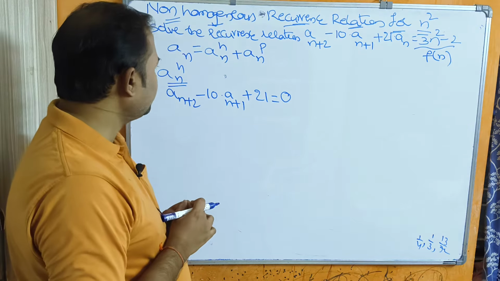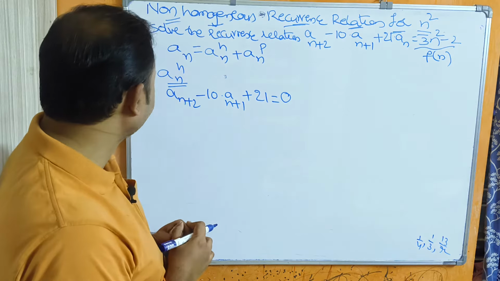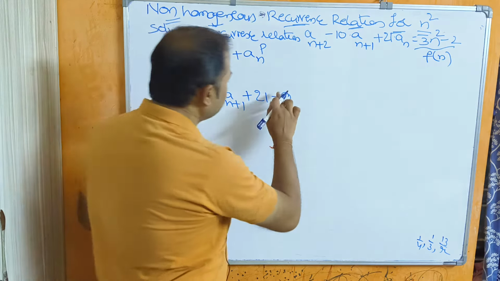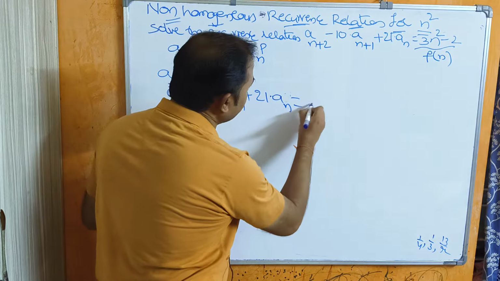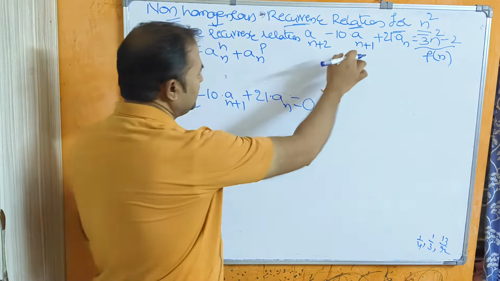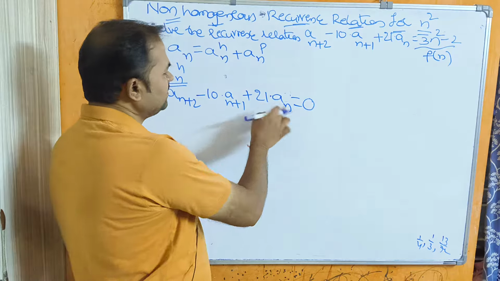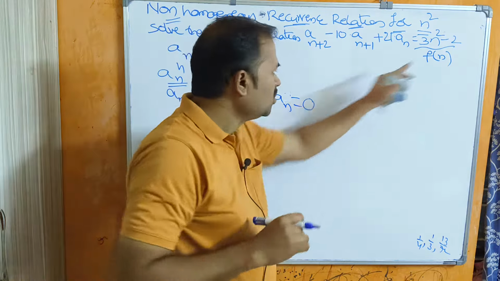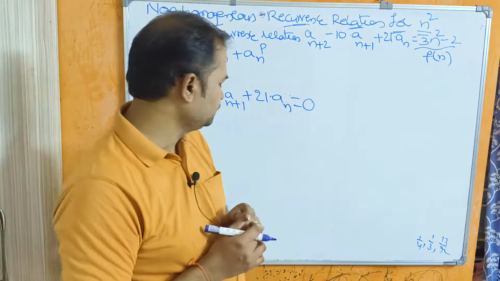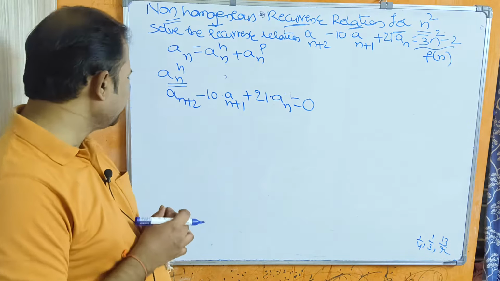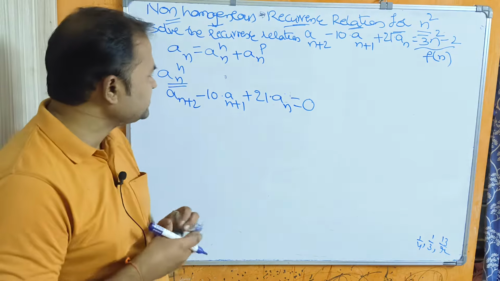So we know the characteristic equation. Here we have 21 into a(n), equal to 0. Homogeneous means this right hand side part is 0. Let us observe which recurrence relation it is.